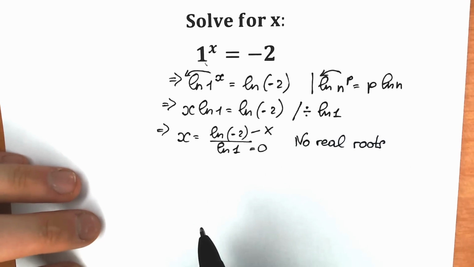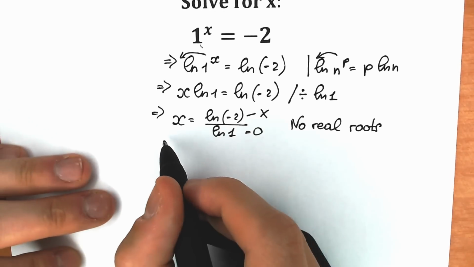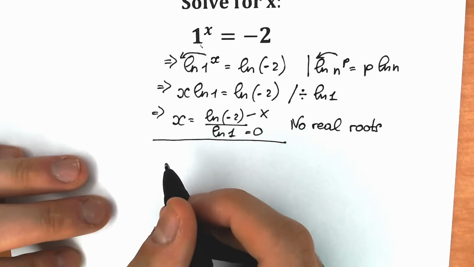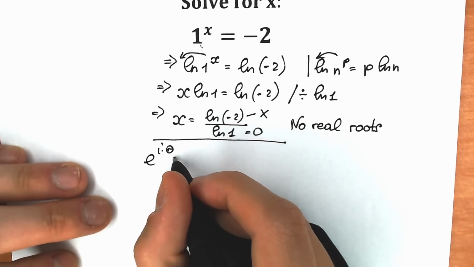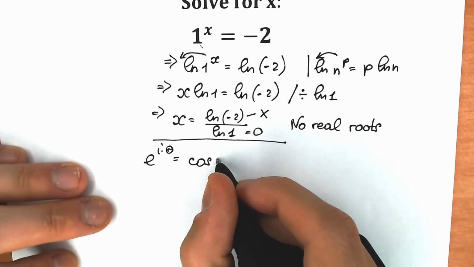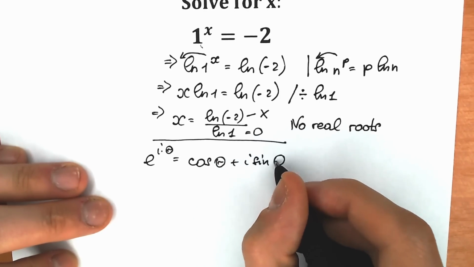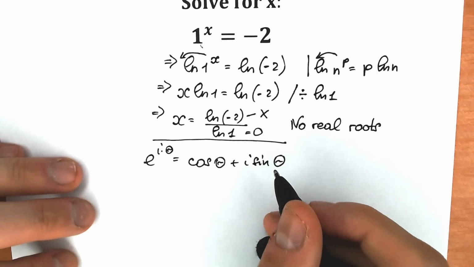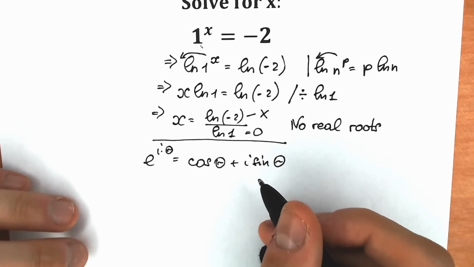Let's see what will happen when we remember the thing called Euler's identity. Our identity looks like this: e to the power i times theta equal to cosine theta plus i sine theta. This is our Euler's identity. I hope you understand it. If you don't know this, you can look at my solution and you will understand everything about this identity.